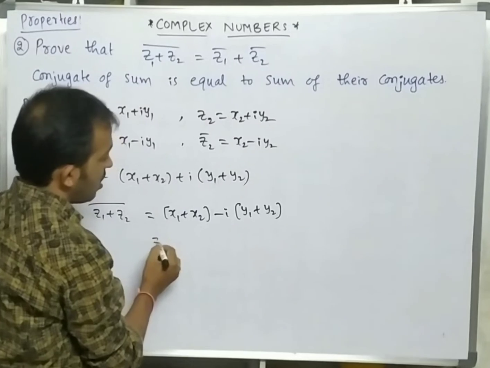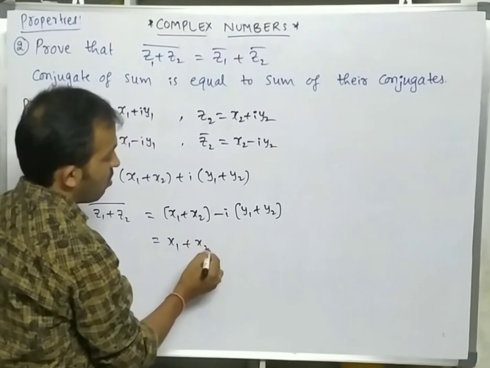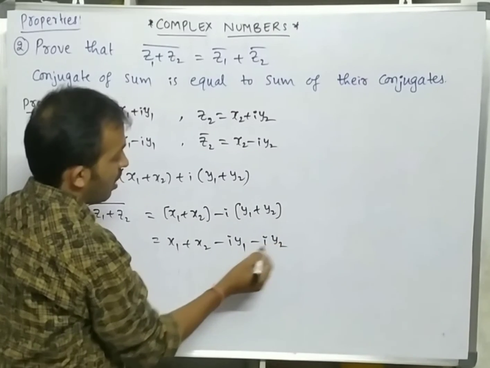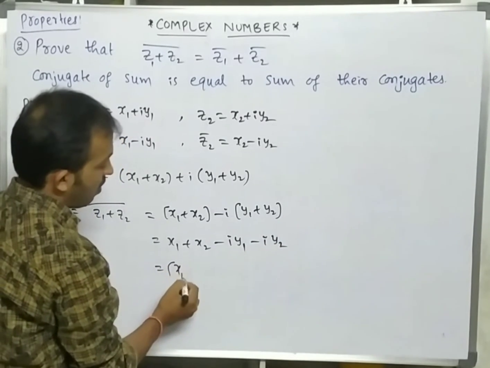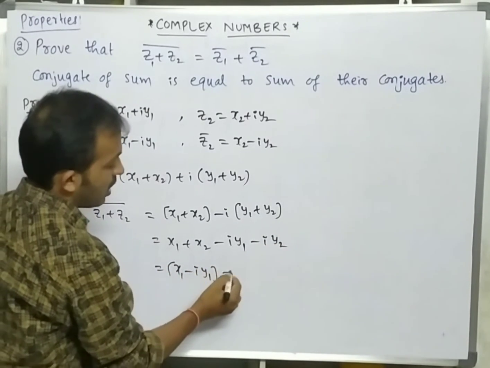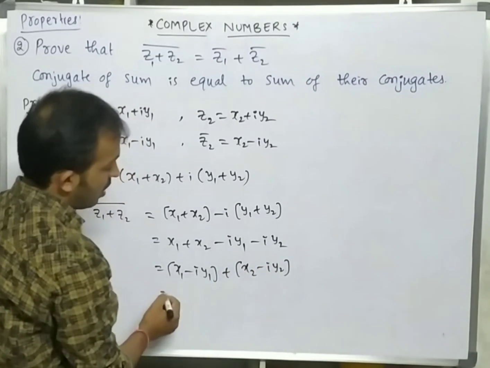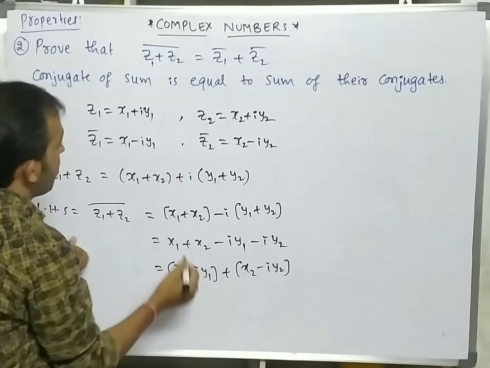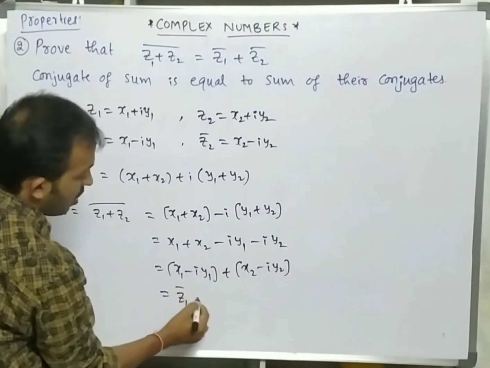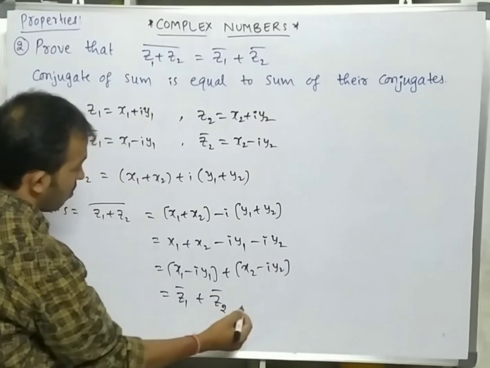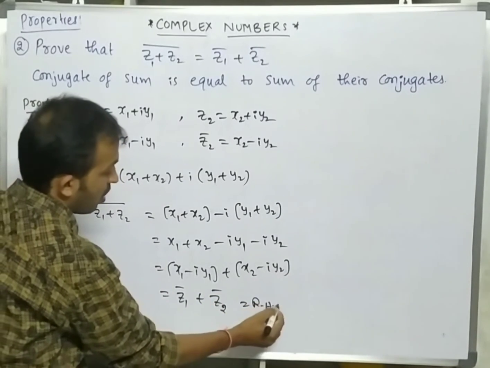Now that is x1 plus x2 minus iy1 minus iy2. Write x1 minus iy1 in one bracket and x2 minus iy2 in another bracket. What is x1 minus iy1? Conjugate of z1, and x2 minus iy2 is conjugate of z2, which is equal to RHS.